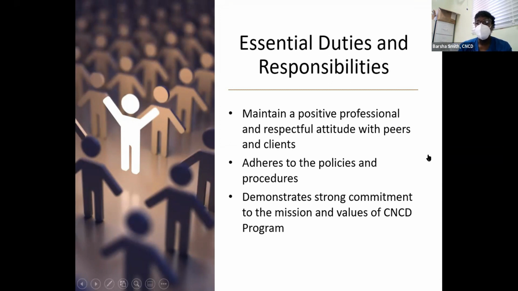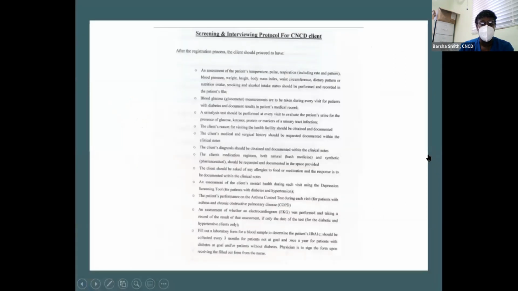So if it means that you're going to have a discussion with them about their diet, their exercise, about their stress level, if it means taking a couple more minutes, a little longer than you can spare because the clinic is sometimes so busy, but just making sure that we give the attention and care that we need to all of our CNCD patients.